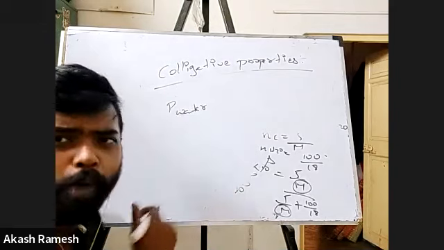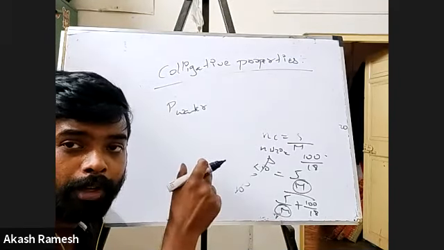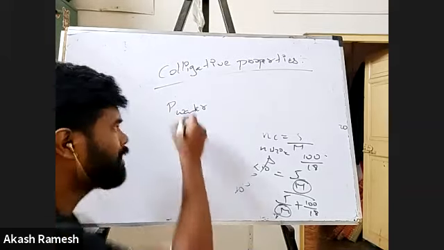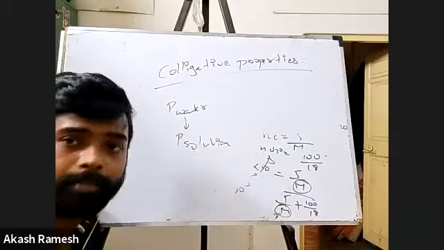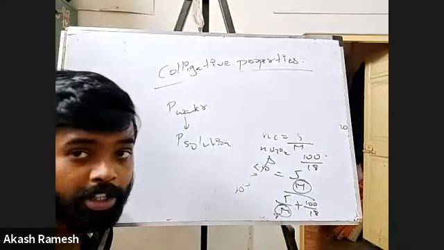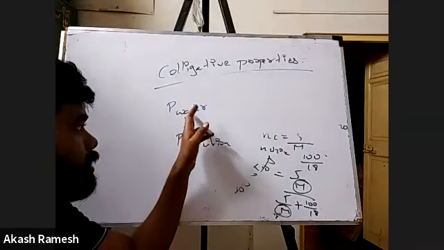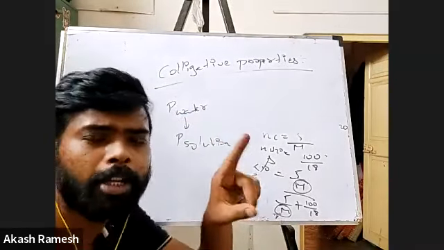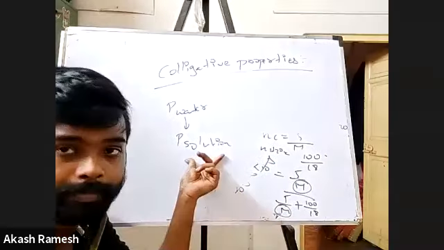Now, if I write P of water, what do you mean by this? The vapor pressure of the mixed water. I can even write it as solution. Are you able to understand? Yes. When I say P of water, we write PA, meaning after mixing, and after mixing what we have is the solution.